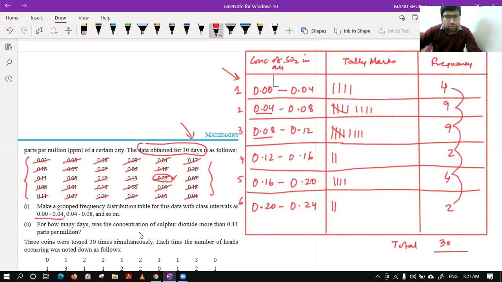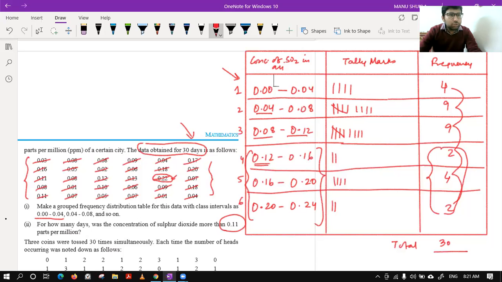Okay. So it will come in this group, 2 plus 4 plus 2, because we don't have to include this 0.12 in here. We have to include here only. So we will count these three. That is saying more than 0.11. So these three will be counted, and the number of days are 2 plus 4 plus 2, that is 8 number of days. It is more than this value.